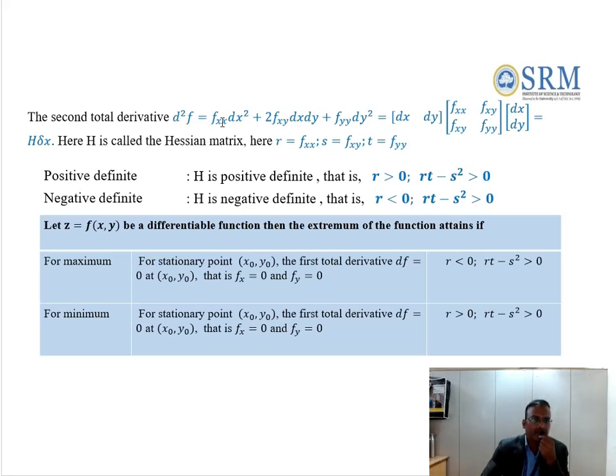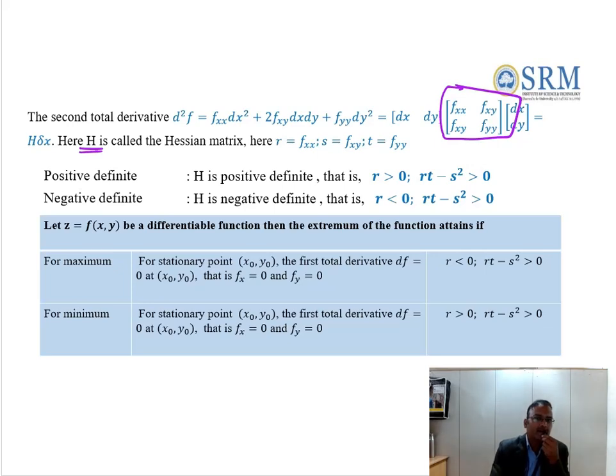Therefore d square f can be written in this form: dx dy, then the matrix fxx, fxy, fxy and fyy, and then the column of increments. This matrix is called the Hessian matrix, denoted as H.